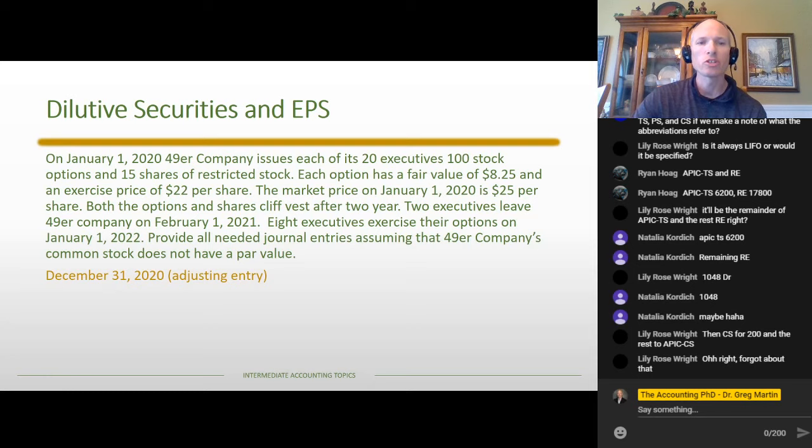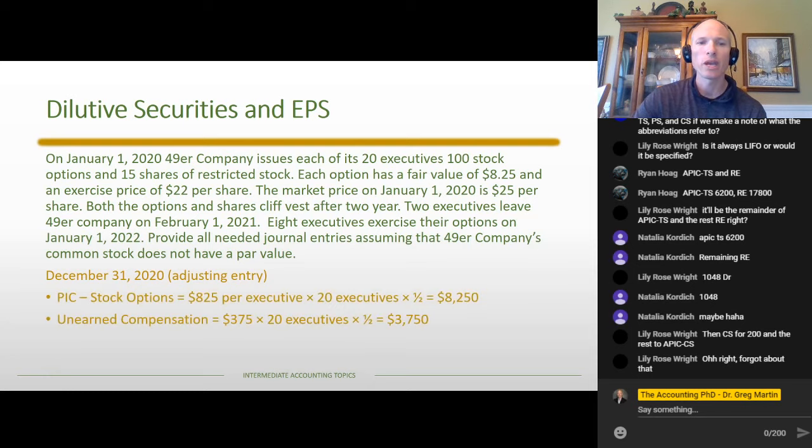So then we do have adjusting entries on December 31st, 2020. And so for the paid-in capital stock options, again, the value per stock option is $825. We still have 20 executives. It's a 2-year cliff vesting system, and so we're going to record half of that compensation expense in 2020.